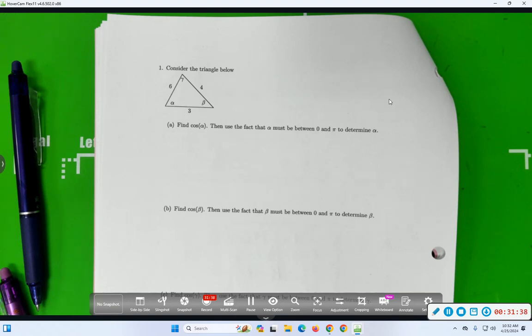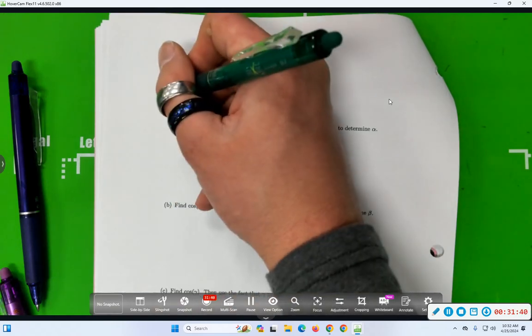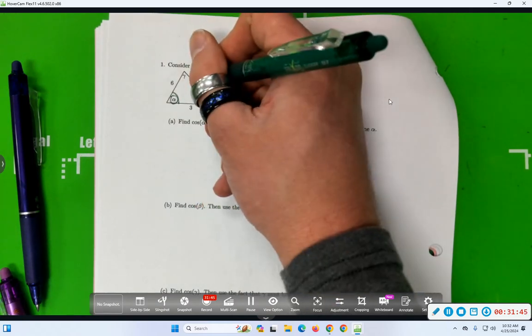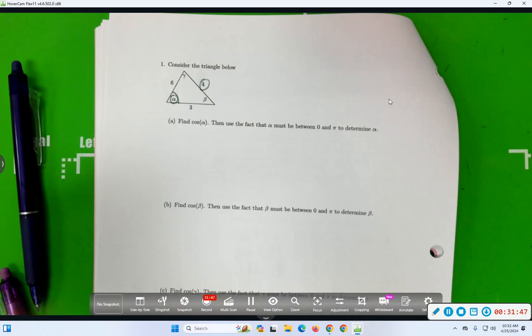So let's use the law of cosines to determine the angle alpha. I'll treat this angle like the theta in the law of cosines, which means I have to treat 4 like c. So let's use the law of cosines, which is written on the board, to do this.